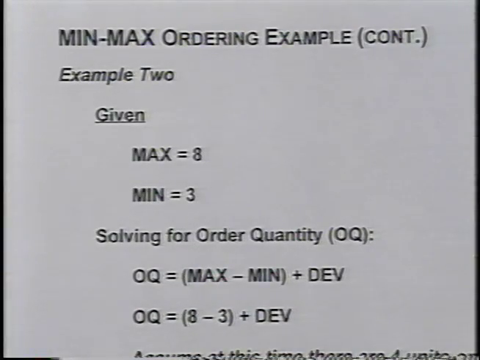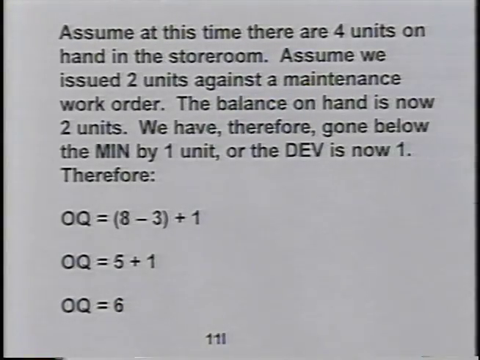If you turn to the following page, we have the second illustration of a min-max system. Here, the max is 8 and the min is 3. We show the formula, but we indicate that we had 4 on hand. We issued 2 units, and that is the tie-in between the storeroom and the inventory system.